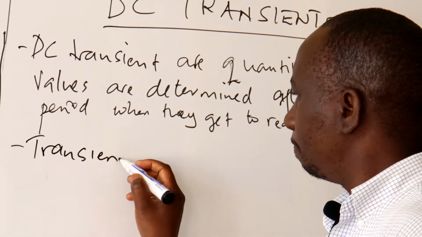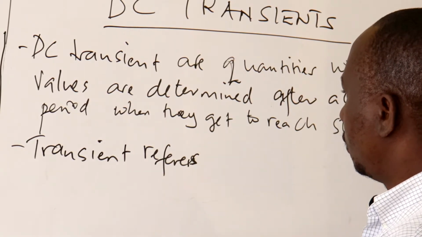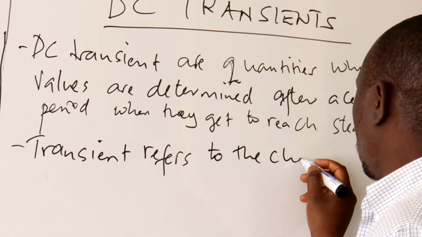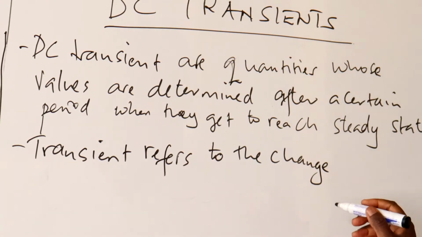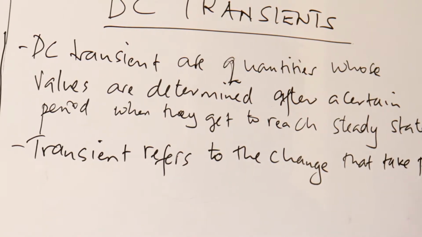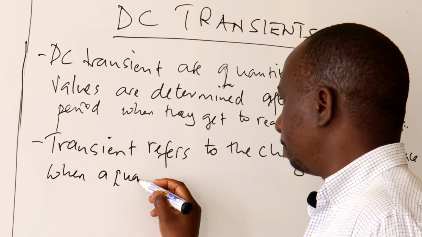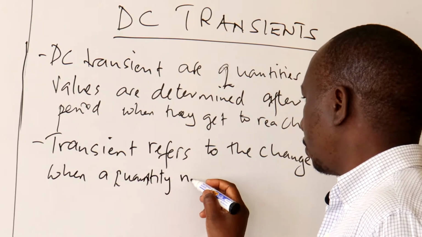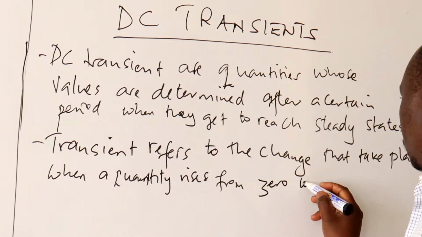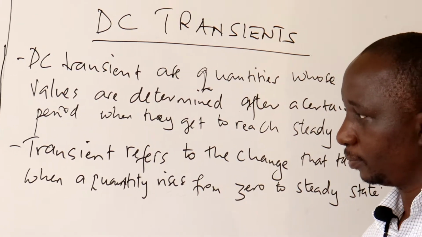So transient refers to the change that takes place when a quantity rises from 0 to steady state.